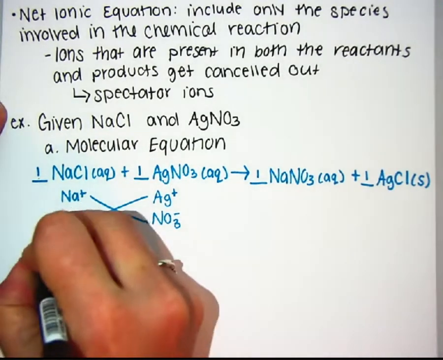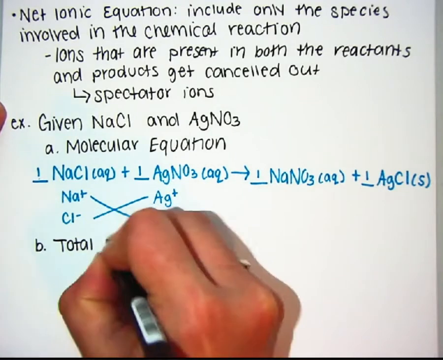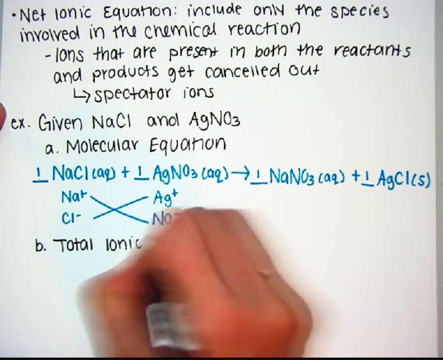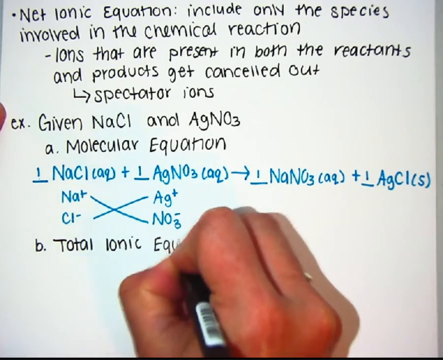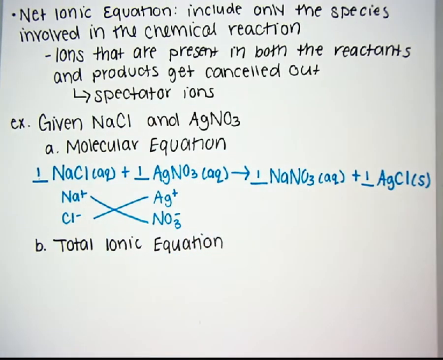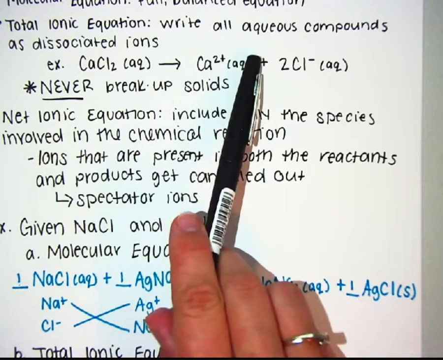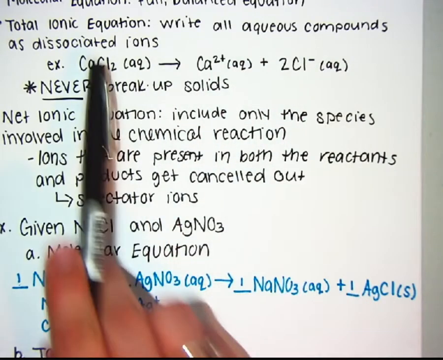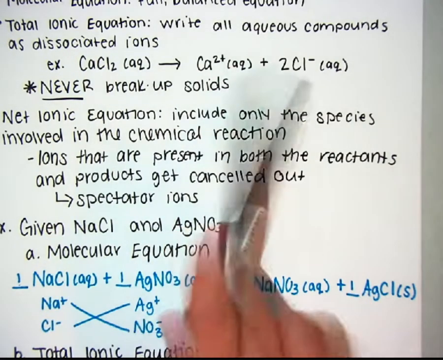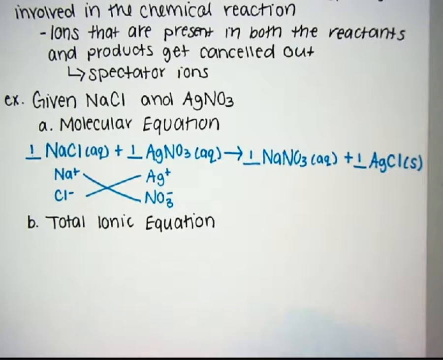B, we are going to take this molecular equation and we are going to convert it to the total ionic equation. So again, in the total ionic equation, all that we're going to do is take the aqueous compounds and dissociate them, or break them up into their individual ions. Sodium chloride is aqueous.